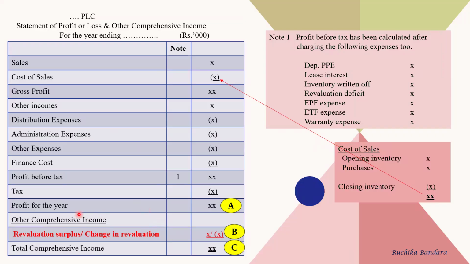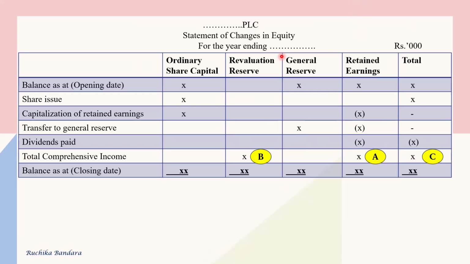Then the total comprehensive income. When you are writing that entry, you have to think of the profit for the year, other comprehensive income, and the total comprehensive income. So that is the reason I have entered A, B, C. These are the three entries you are entering into the statement of changes in equity, but in a horizontal way. So you are writing the words total comprehensive income.